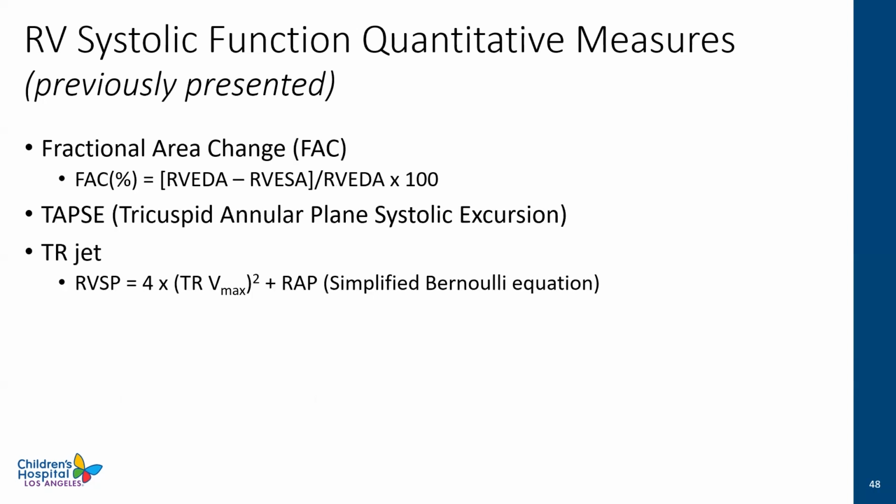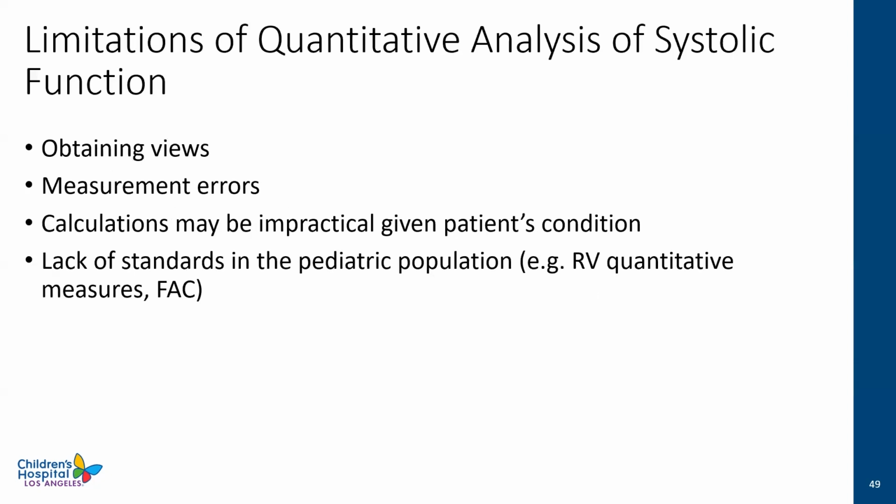And then for RV systolic function, we also don't have great quantitative measures in general, but some of the ones that have been proposed are fractional area change, TAPSE, or your TR jet. Again, these are prone to the same limitations that we've talked about for some of the other measurements.